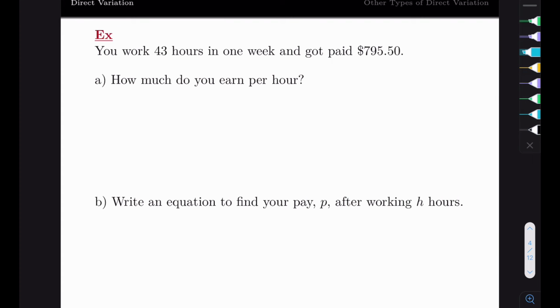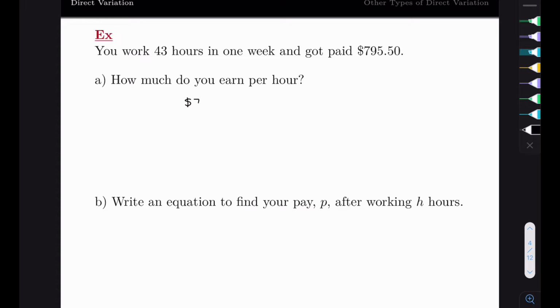So let's start with an example. Suppose you work 43 hours in a single week and you end up getting paid $795.50. We're going to answer two things, and the very first question is going to be how much do we earn for each hour that we work? So thinking of this just in the real world sense, if you take your paycheck and you get your total amount and you divide it by the number of hours, it tells you how much you made in a single hour.